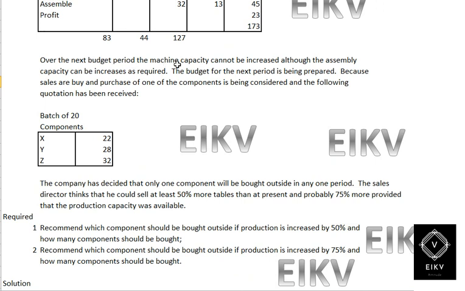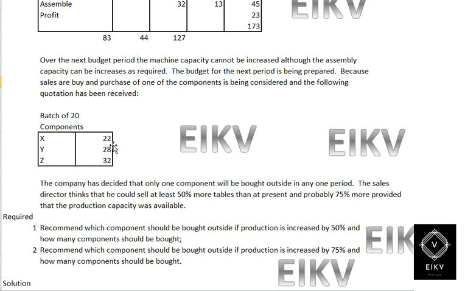Over the next budget period, the machine capacity cannot be increased, although the assembly capacity can be increased as required. The budget for the next period is being prepared because sales are buoyant, and purchase of one of the components is being considered and the following quotation has been received.